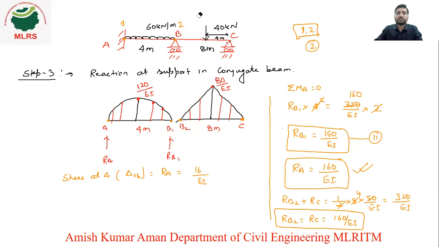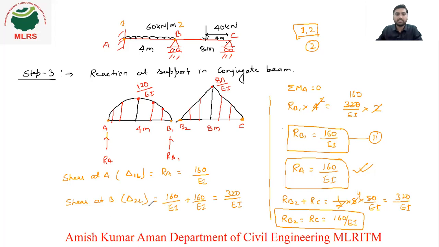Now next, shear at B, that is delta 2L. So now delta 2L at this point, if you want to calculate the shear, what will happen? Two forces, right? 160 upon EI plus 160 upon EI will give you 320 upon EI.